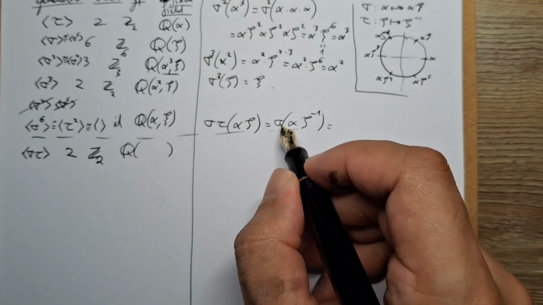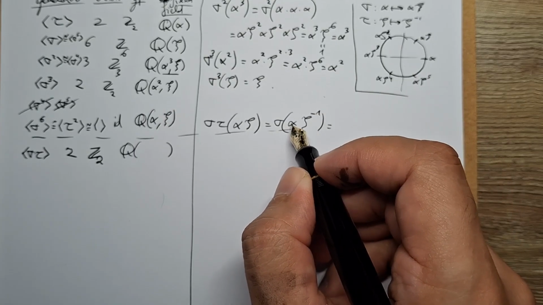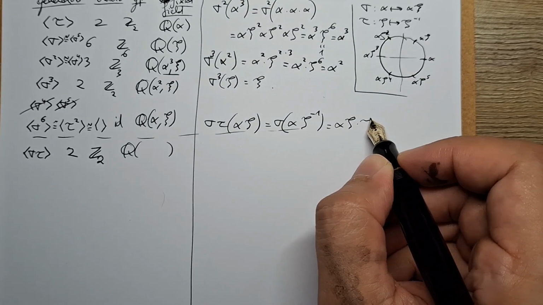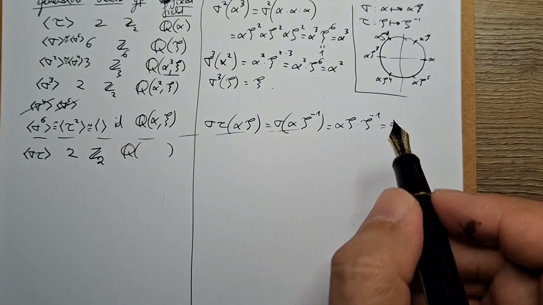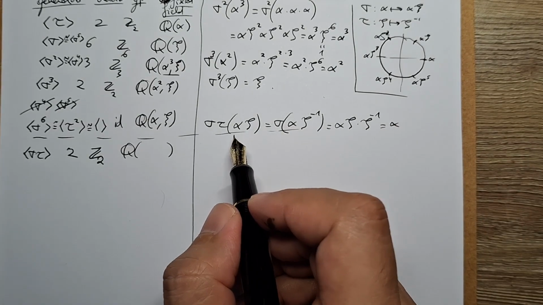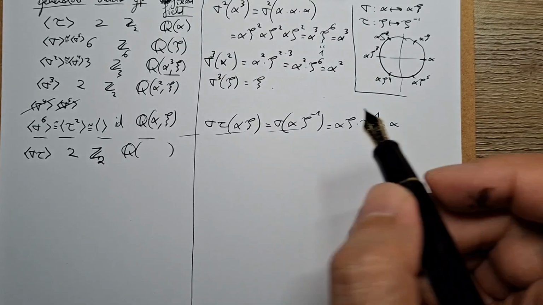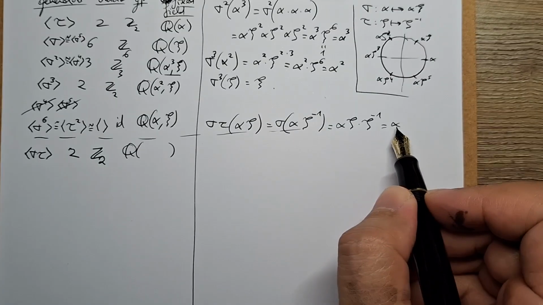What sigma will do is this will be unaffected, but we will send alpha to alpha multiplied by theta. So we have alpha theta multiplied by theta -1. This cancels out and we have alpha. Alpha is different than the initial element that we had here. But we already see that we start with alpha theta and we end up with alpha.